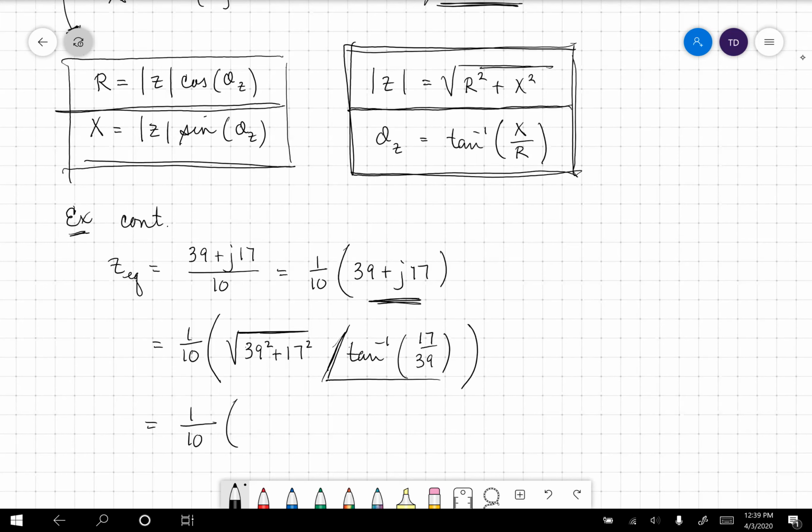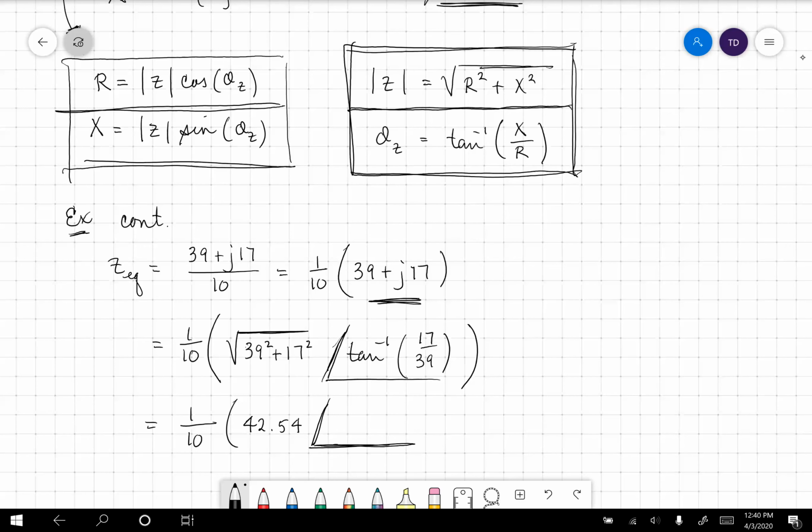So square root of that is equal to 42.54. Generally, I use 1 or 2 decimal places. That is typically plenty.